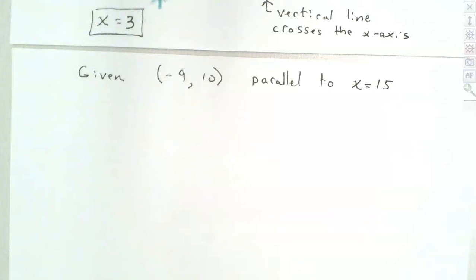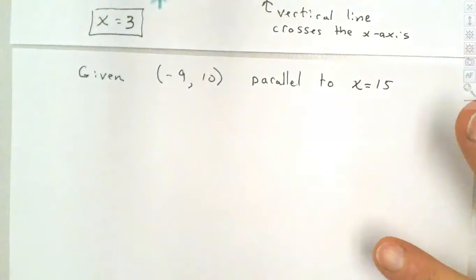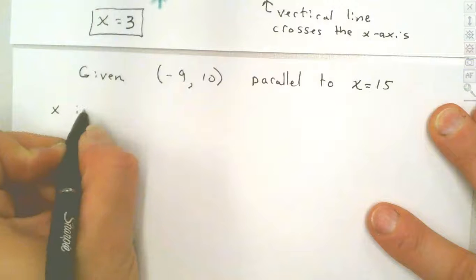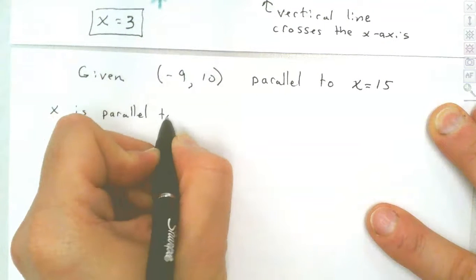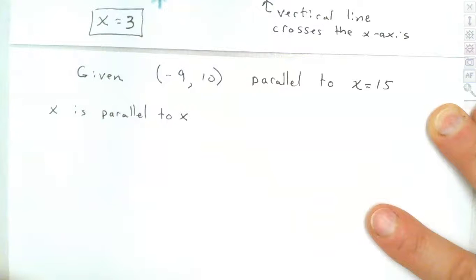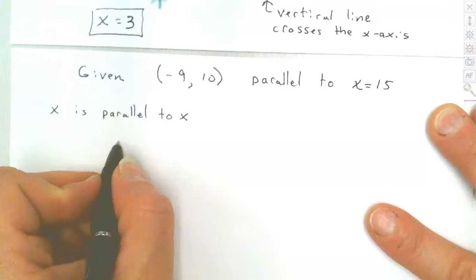When we talk about parallel, what does that mean? Okay, parallel lines are in the same slope. So if they're like this, they're going to be both vertical or both horizontal. So x is parallel to the x. So we're looking at an x line.